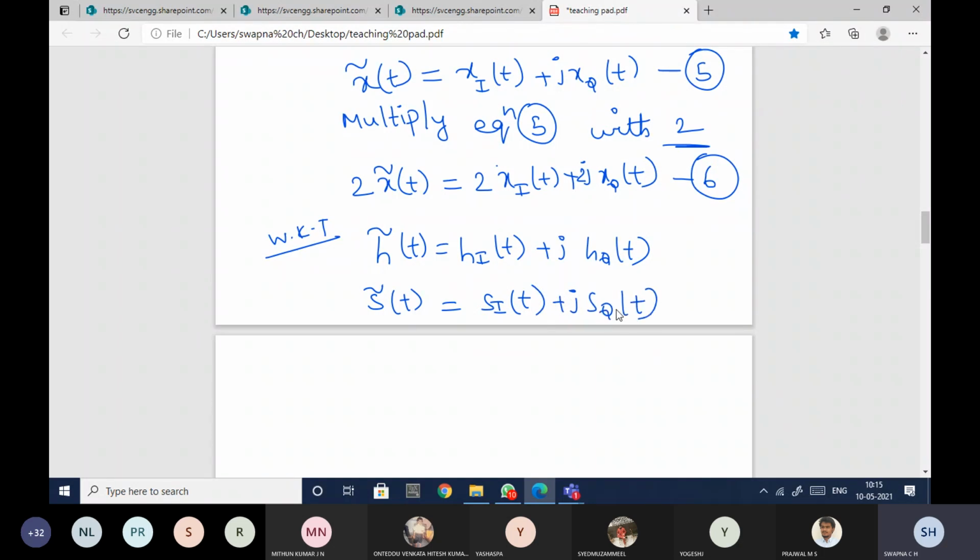All these equations we have already seen; I'm just applying them here. Let me name this 7 and this 8.